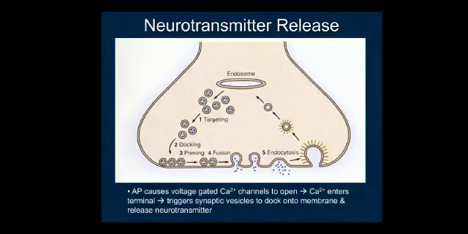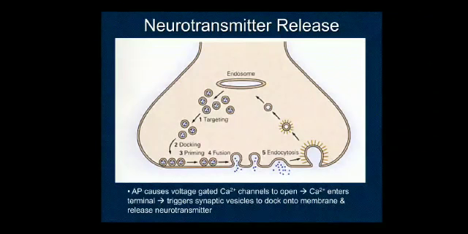These open up the release sites, and when the release sites open up, the vesicles which contain the neurotransmitters will be poured out through the release sites. So it will be released into the synaptic cleft. So this is the mechanism of the release of neurotransmitters.